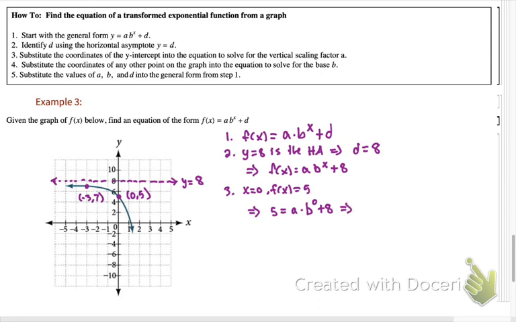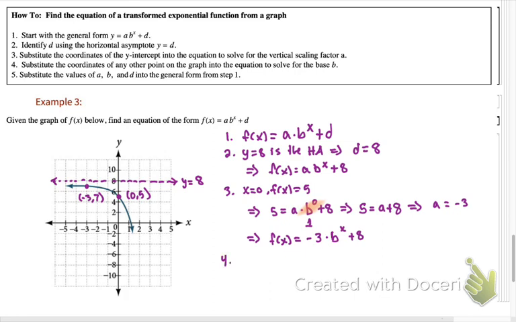So this b to the 0 is just 1. So 5 equals a plus 8, and subtracting 8 from both sides, a has to be negative 3. Now that we know a is negative 3, f of x must be negative 3 times b to the x power plus 8.